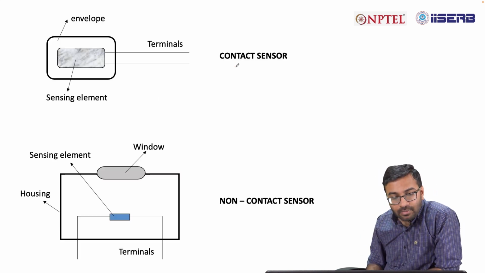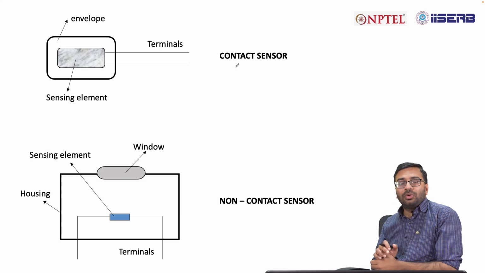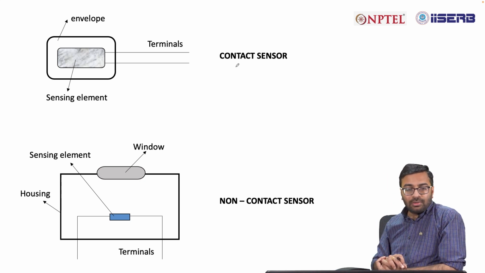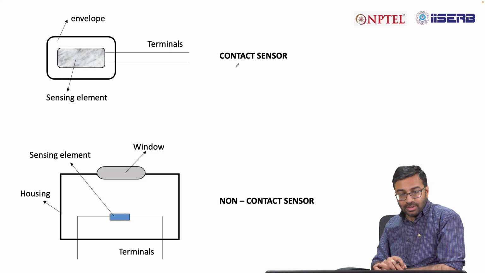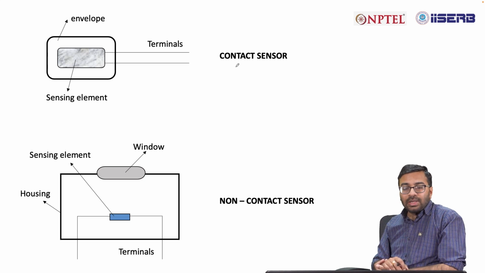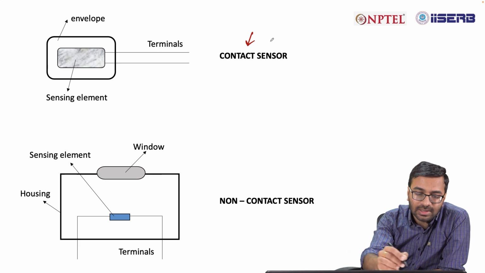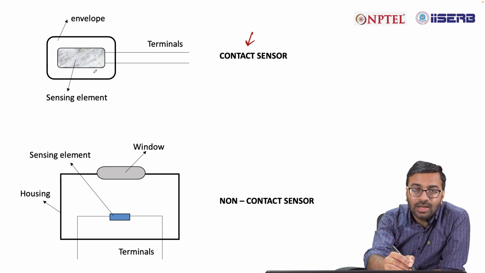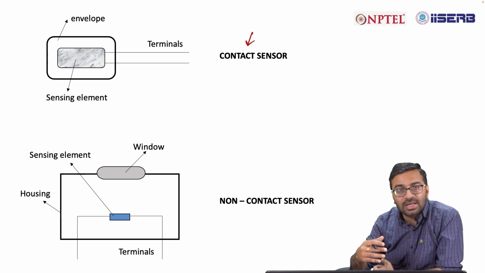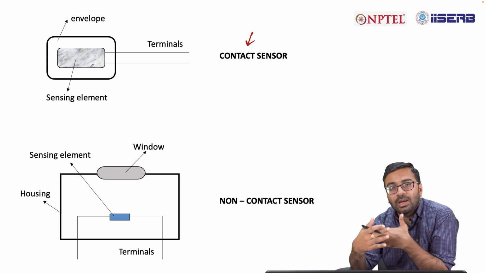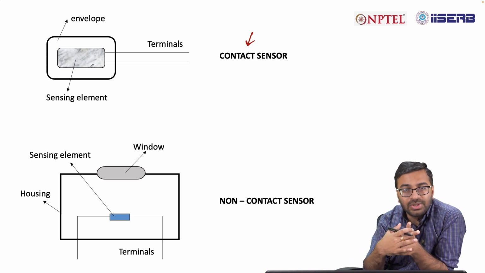So, today we will also check what are the different temperature sensors that are available. Broadly speaking, we can classify them as contact sensors, where the sensor comes in contact with an object, or the sensor material to some extent gets in touch with the object itself.